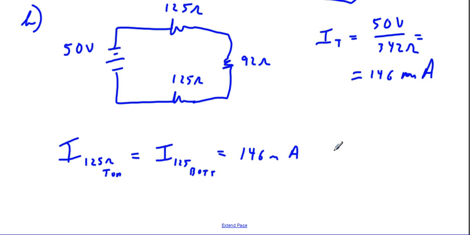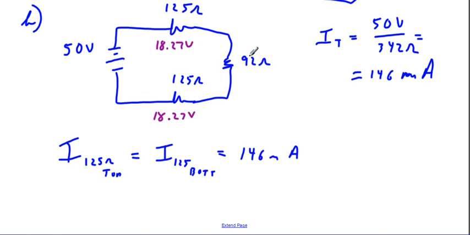Okay. Now, the issue is, what is the current through the other resistor, which is the R resistor? And I guess what we would do in this case is calculate the voltage across the 125 ohm resistor. So I take my current and multiply it by 125 ohms, and I get 18.27 volts.